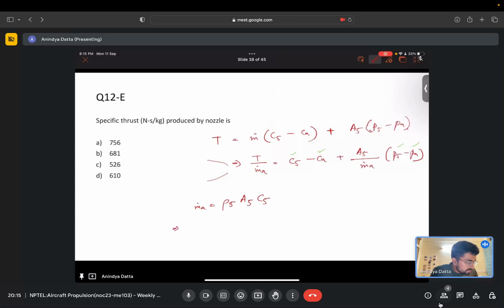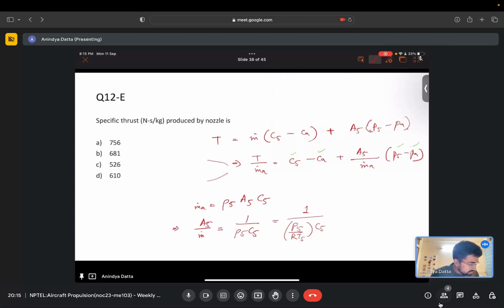So what we need to find out is A5 by m dot. So A5 by m dot is equal to 1 by rho 5 into C5. And rho 5 we can write in terms of the pressure and temperature, so rho 5 is P5 by R T5.